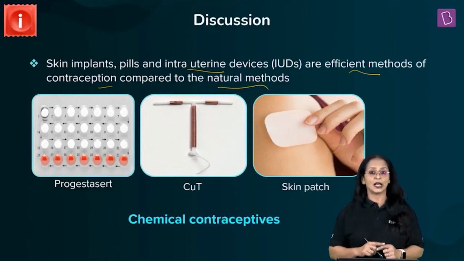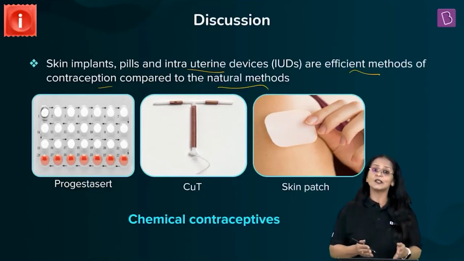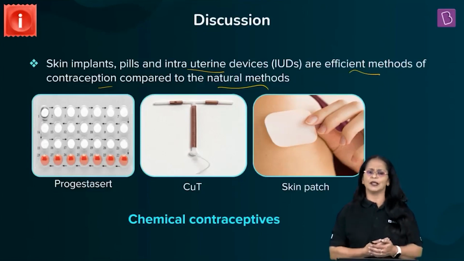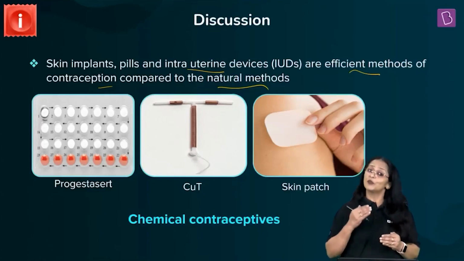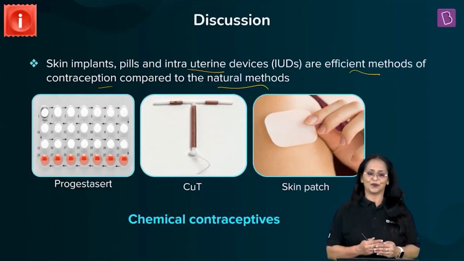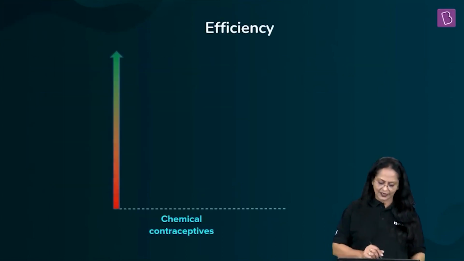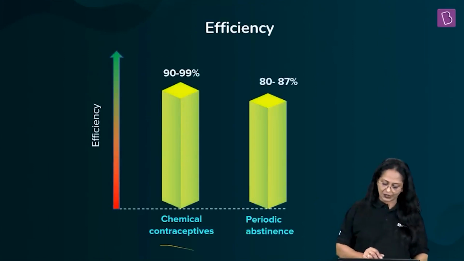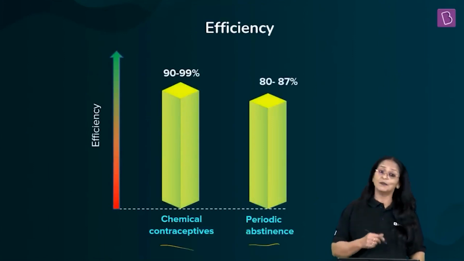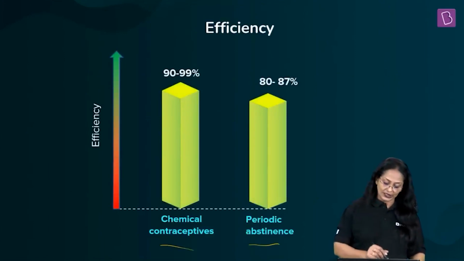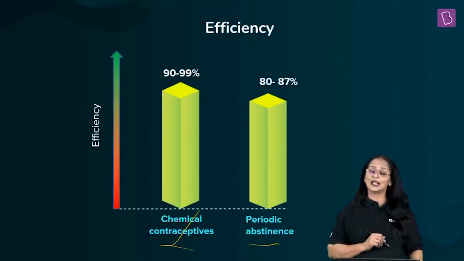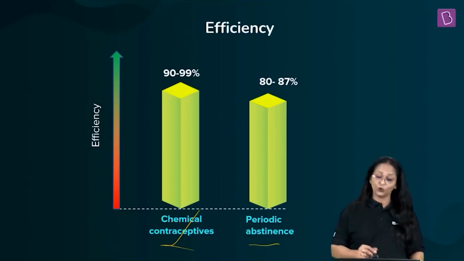But when you're looking at these methods, whether it is an implant or an injection or consuming the pill, chances of getting pregnant are low. If you compare the efficiency of chemical contraceptives and periodic abstinence, which comes under the natural method, chemical contraceptives are way better, about 90 to 99% efficiency compared to periodic abstinence, which is about 80 to 87%.